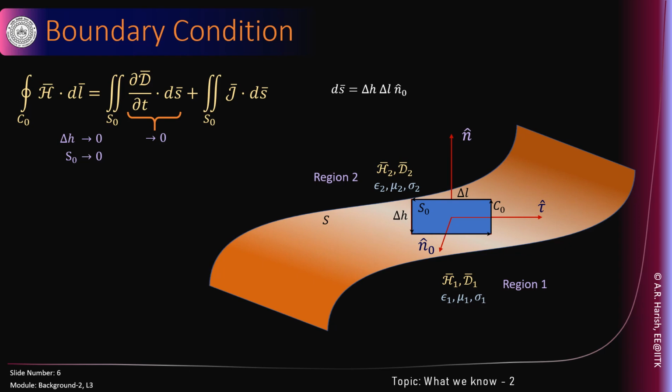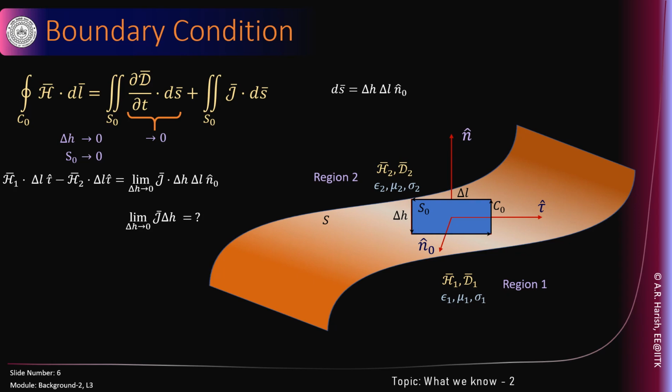In region 1, H dot dl is H1 dot delta L tau cap, as we are moving along the direction of tau cap on the lower edge of the rectangle. In region 2, H dot dl is minus H2 dot delta L tau cap, because we are moving in the opposite direction to that of tau cap. As delta h goes to 0, the integral has no contribution from the vertical portions of C naught.